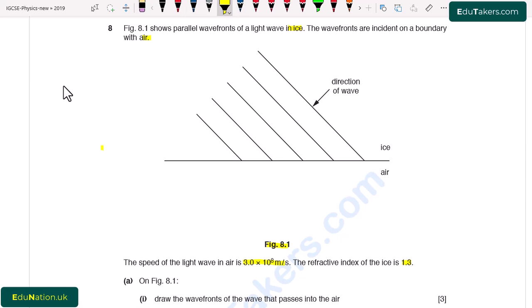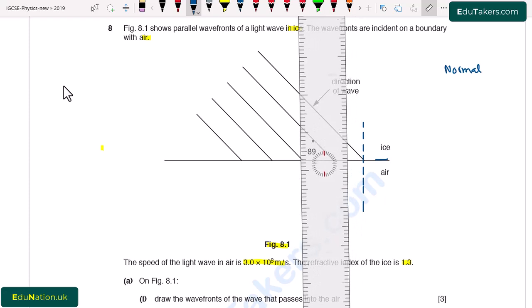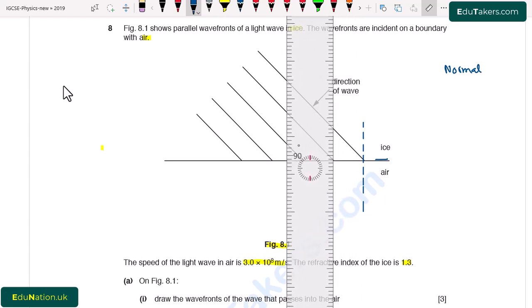In order to draw the refracted rays, we have to follow different steps. First of all, we have to draw the normal ray that is normal to this surface. So first of all, I draw this normal on all of these wavefronts.